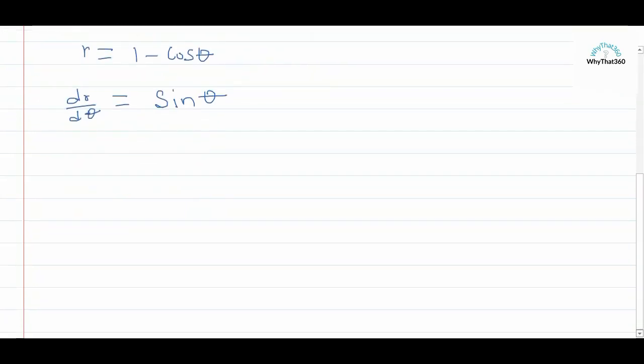So we will go ahead and plug in the value of the dr d theta into the formula for finding the slope.